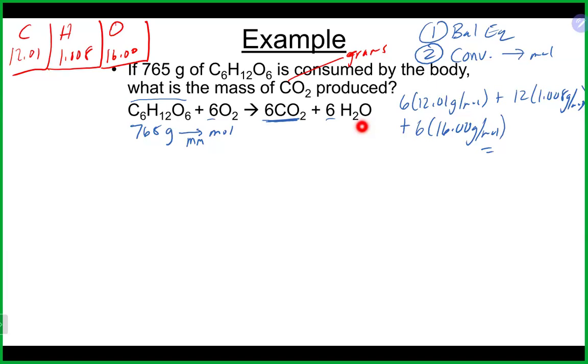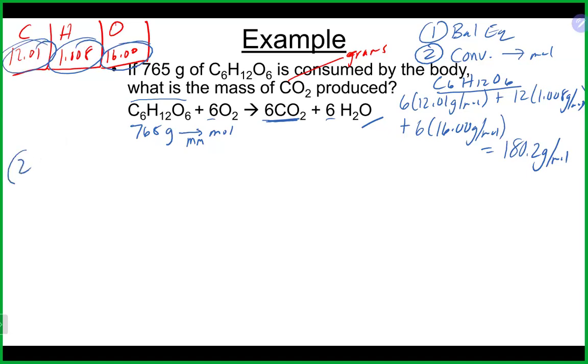If you add all that up correctly, you get 180.2 grams per mole. That is the molar mass of our C6H12O6, so we're going to use that as our conversion factor. Obviously, we got all those numbers from the periodic table.